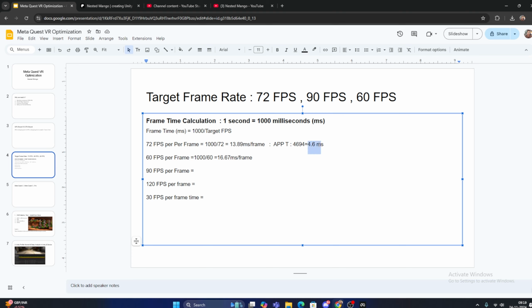It is great because after decreasing this value, you will have around 9 ms of frame value left.